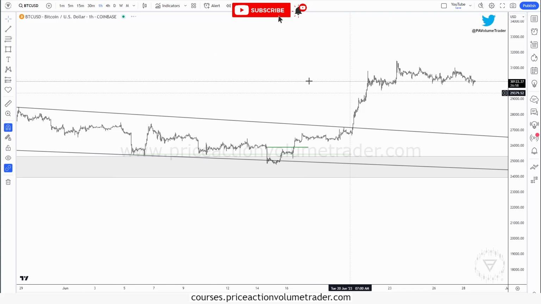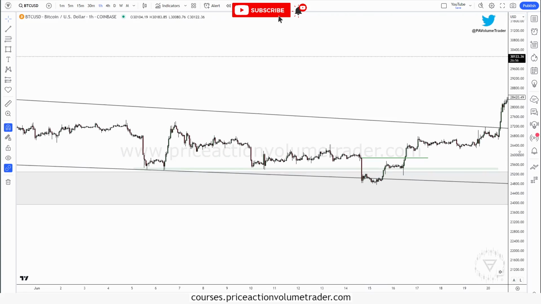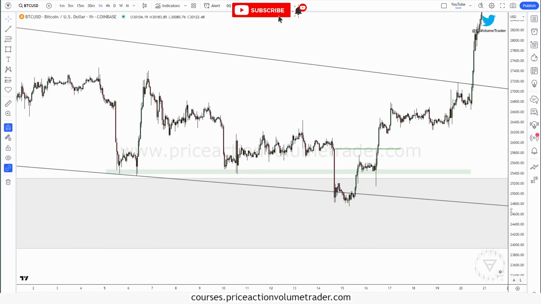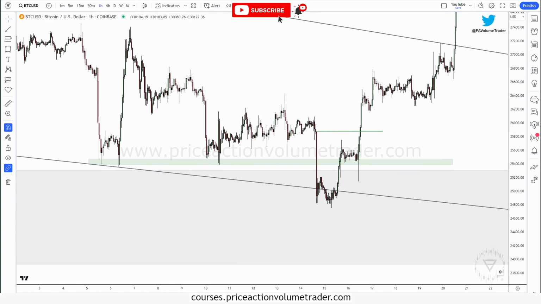If we go into the 1-hour chart, you can see how this is the trend line, and this is the daily order block area, bullish order block. And you can see right here we had this lows right here, big push up, came back again, push up.